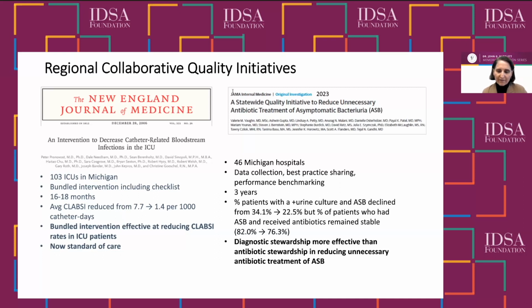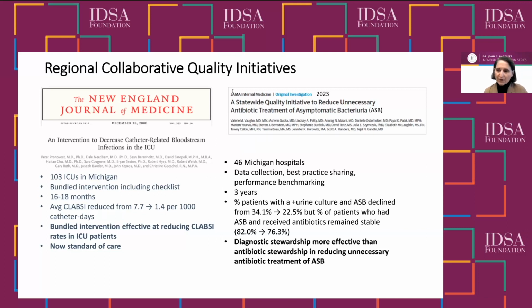And they found that the percent of patients with a positive urine culture and asymptomatic bacteriuria declined during this time from about 34% to 22%. But the percent of patients who had asymptomatic bacteriuria and received antibiotics remained roughly stable.